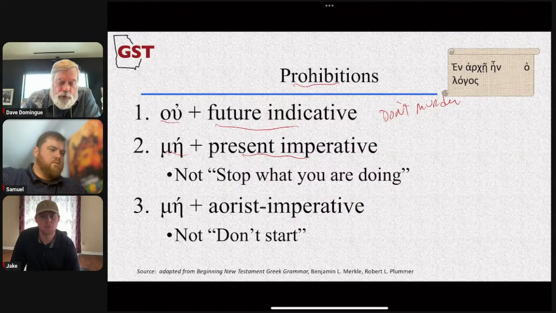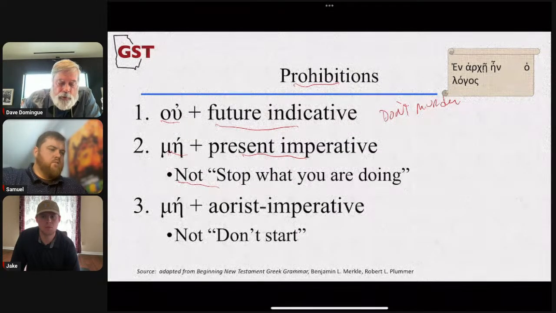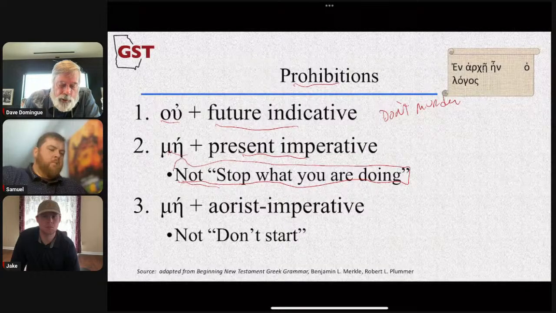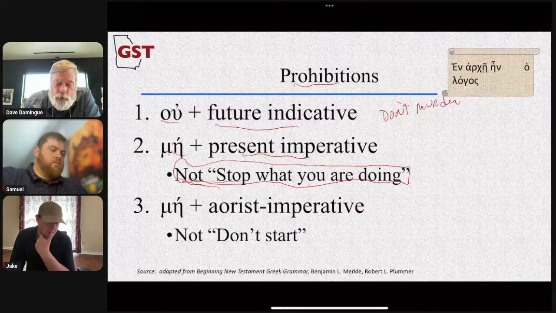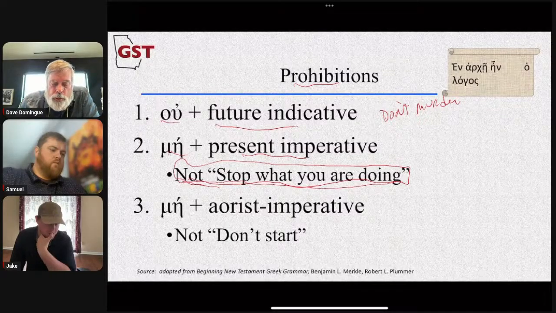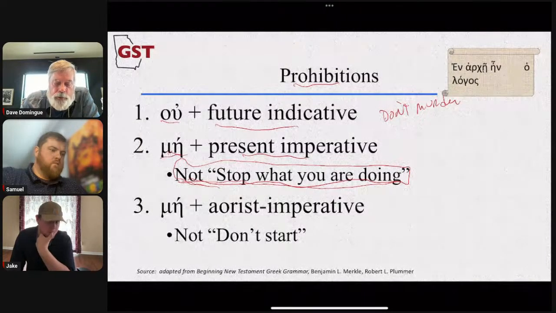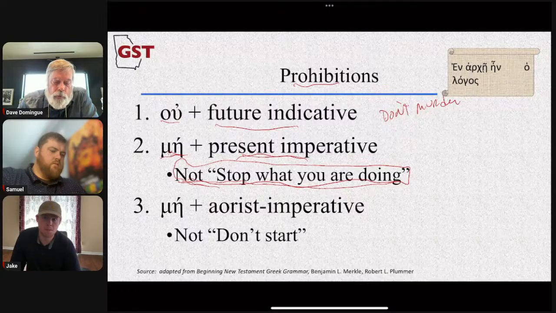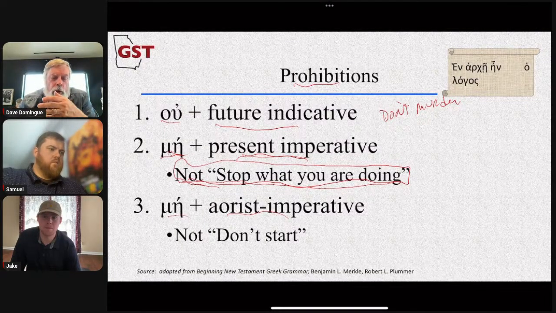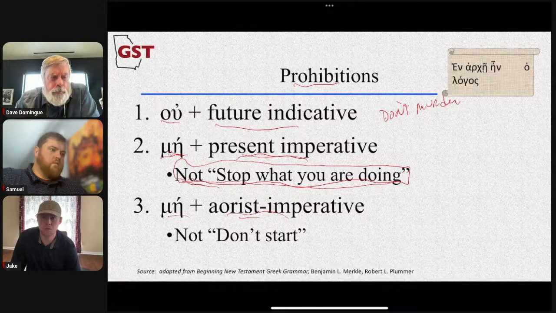Now, this note here is not trying to say stop what you're doing. The reason they're bringing this out is there were some grammatical views for a while that when they use the mē plus the present imperative or the mē plus the aorist imperative, it meant something was already ongoing in the present, or in the aorist, don't start something. But that has been debunked.